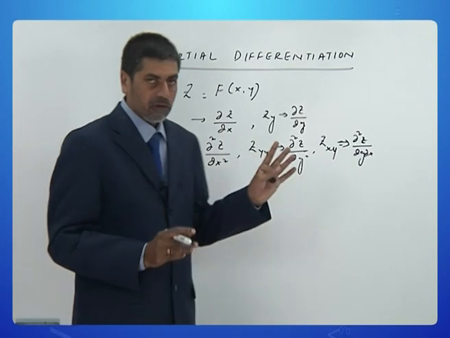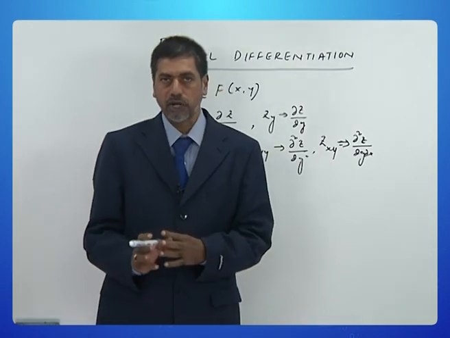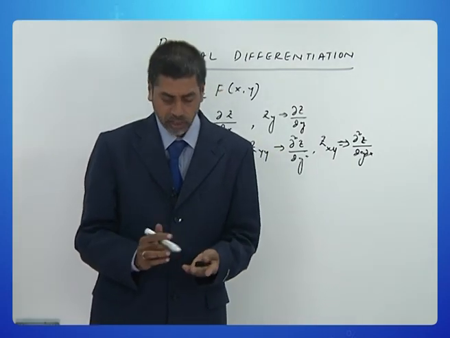Now, these are called the first and second order partial derivatives of z.